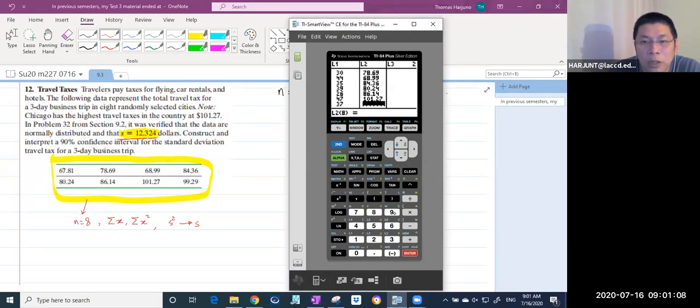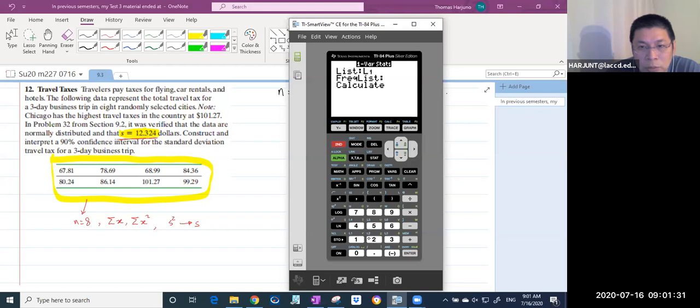The last one is 90.29, enter. Then if I want to find the sample standard deviation, I go to calculate, one variable statistic. We were using L2. This is L2.